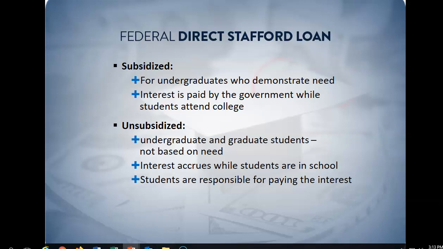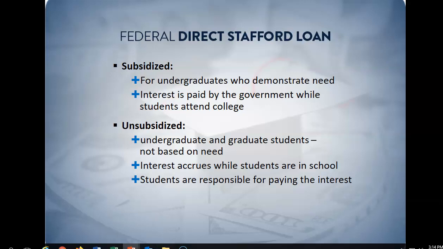The interest on these loans is paid by the federal government while students are attending college, and the interest rate on these loans is set every July 1st for that year. So whatever the interest rate is that's set will come into play once the student goes into repayment, which is 6 months after graduation. So basically there is no interest accruing on subsidized loans until 6 months after graduation.